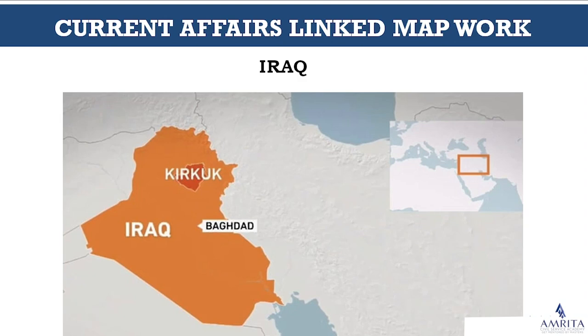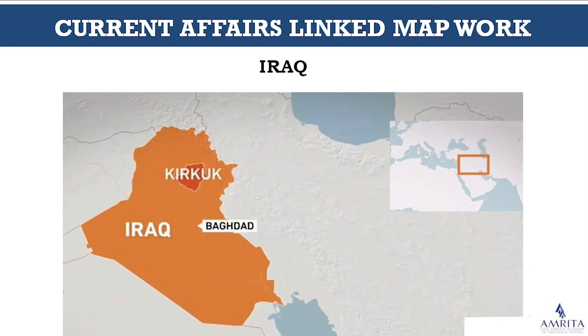And recently in news as United States handed over that military base to Iraqi soldiers. Apart from that, a rocket attack in December killed one of the US contractors here, and this escalated into a big tension and subsequent killing of Qasem Soleimani. So that Kirkuk, that place is noted.